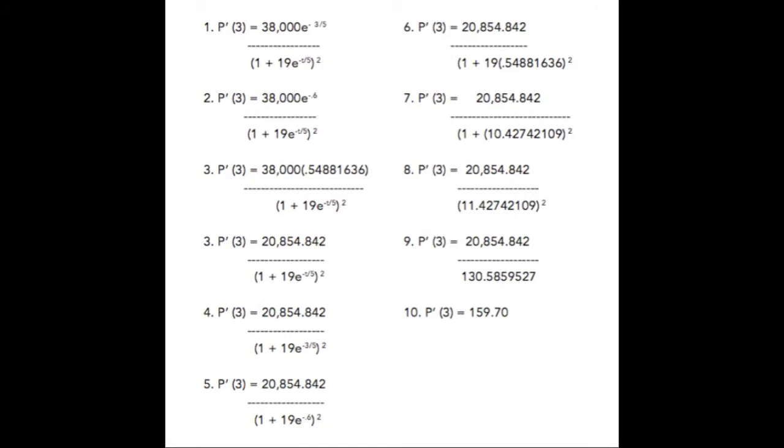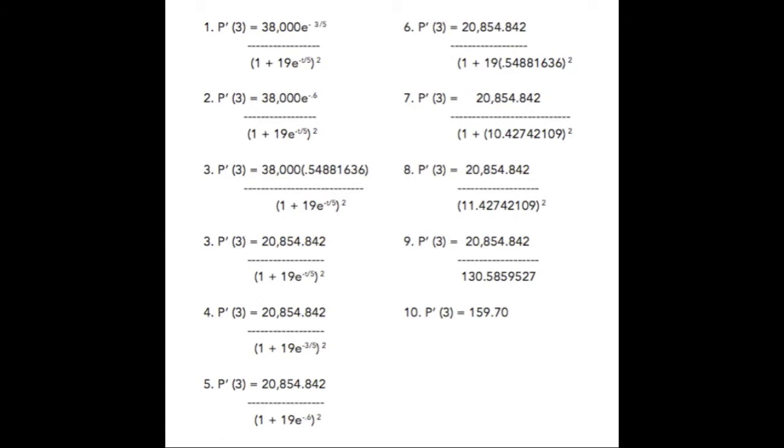When you are finished with that part, you focus on the denominator, and you insert in the negative t over 5. On the t you insert the 3, because t is equal to 3 in this occasion. So then you will have in the denominator 1 plus 19e to the power of negative 0.6 in parentheses to the power of 2, because the exponent of negative 0.6 is 0.54881636.